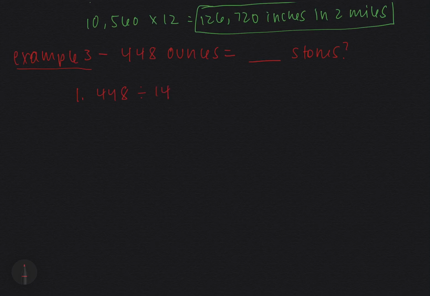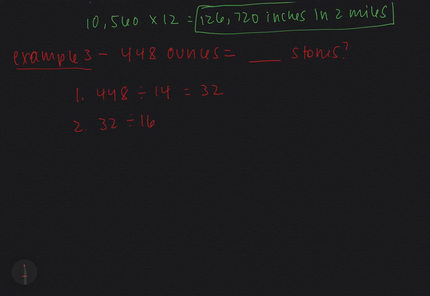Now, we're going to divide by 14 because we're trying to find out what this is in pounds. Okay? So, when we divide by 14, we are going to get 32. And then after that, we need to take our 32 and divide by 16 because we know that there are 16 ounces in a pound.